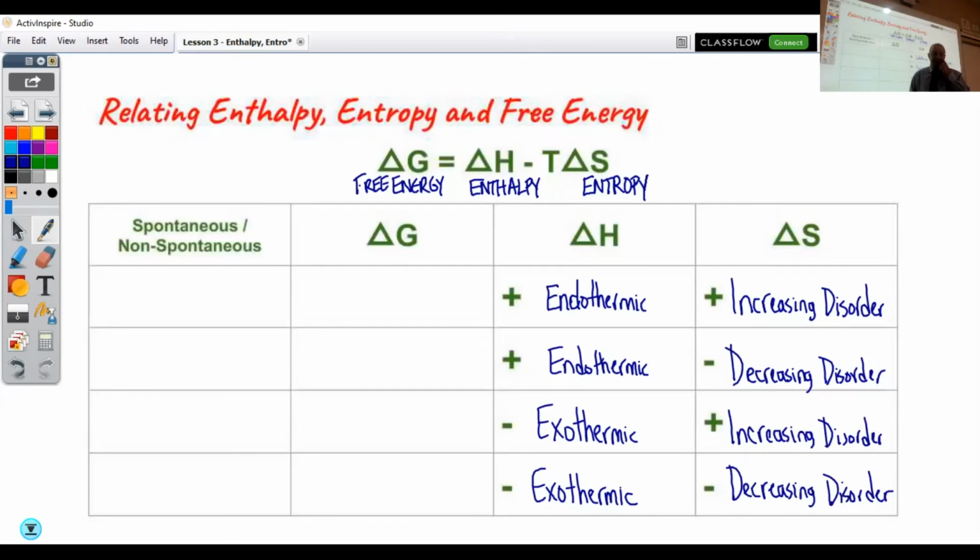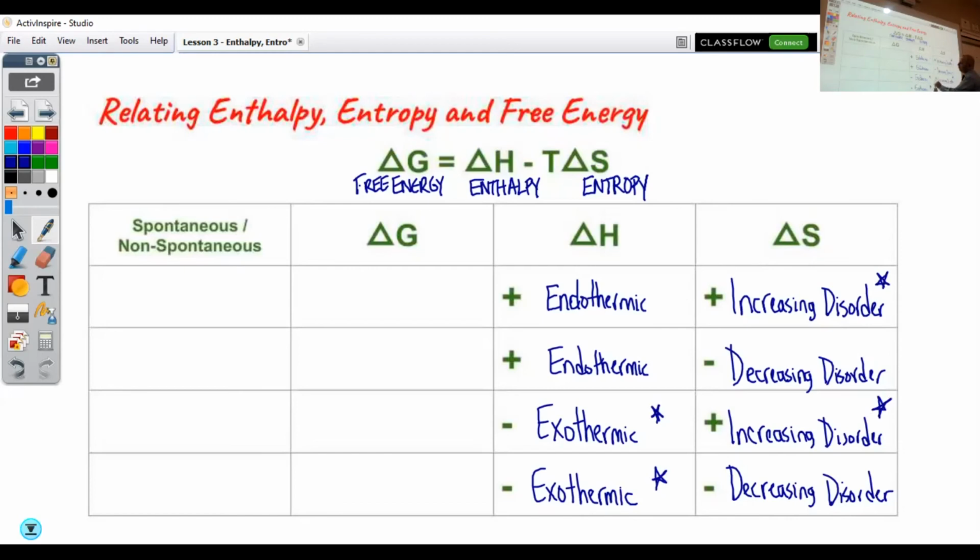So if you think about it, the two conditions that are most beneficial, that are most likely to lead to a reaction occurring, are exothermic, so these are good things in order for a reaction to occur, and increasing disorder. So that would be here, and that would be here.